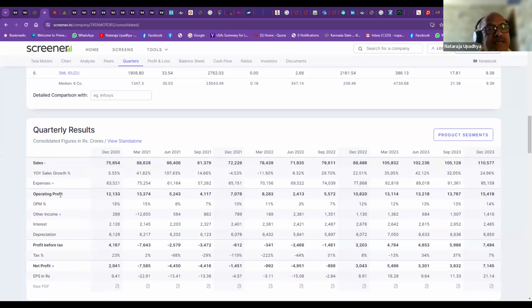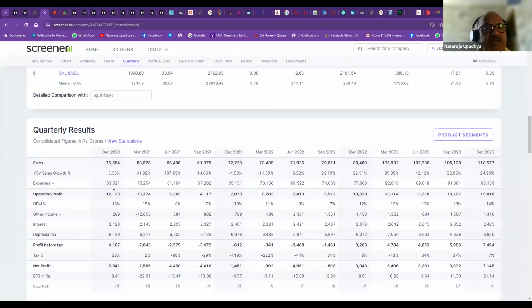Year-on-year sales growth, expenses, all this matters. I'm not going to get into that. Then operating profit margin percentage, other income, interest, depreciation. From an insight-based perspective, we will look at these statements in much more detail and clarity later. I'm just introducing what it is right now.